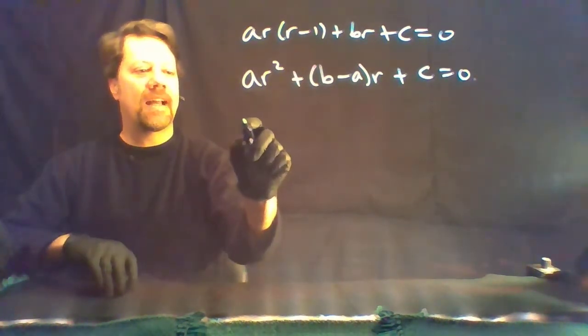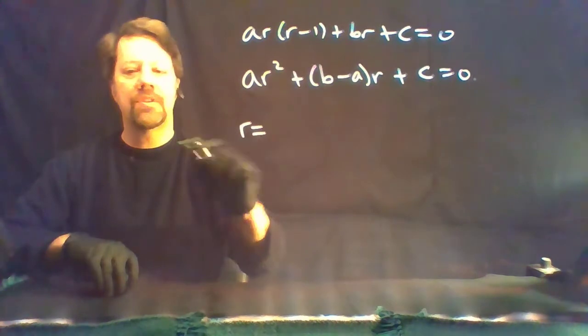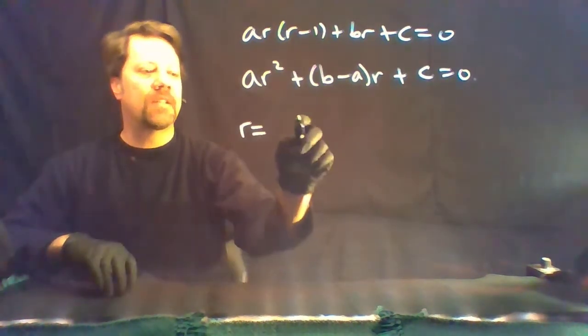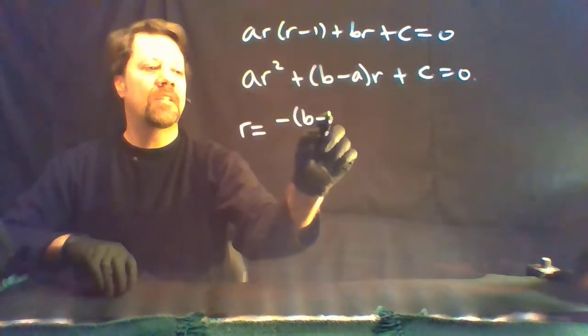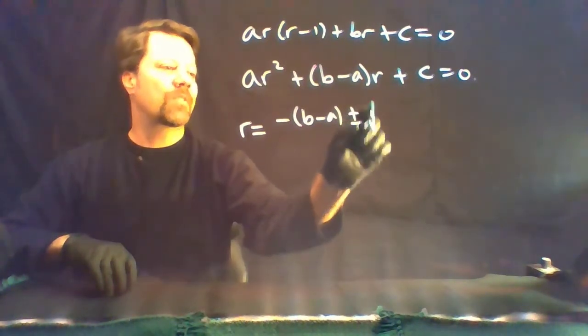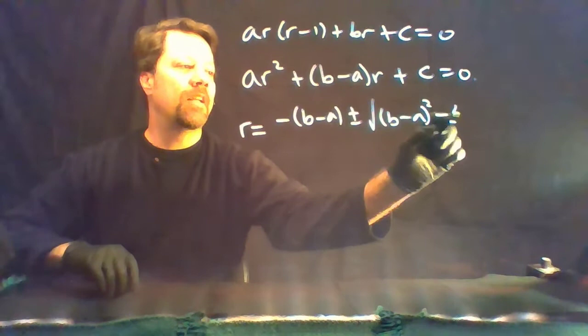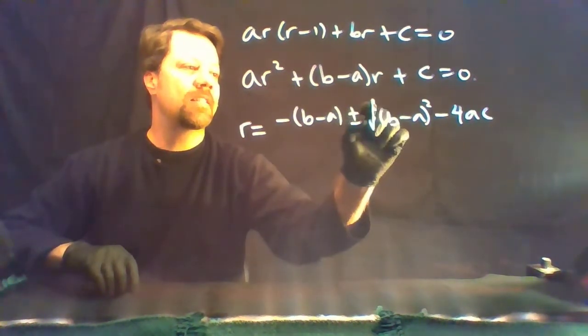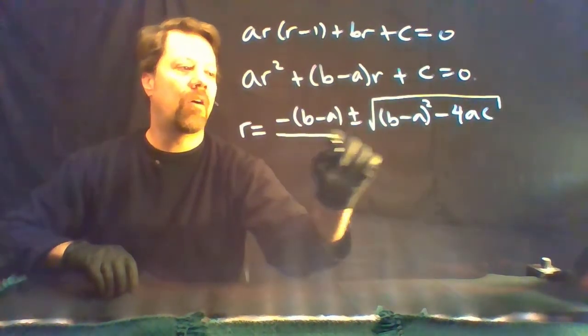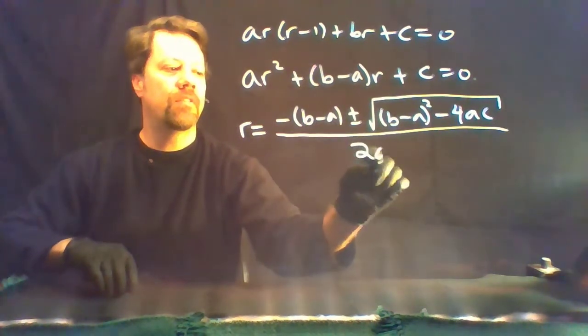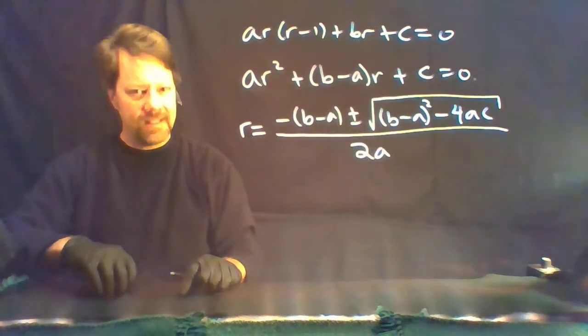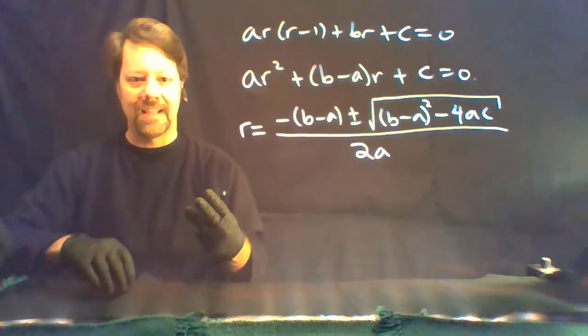You can see then that this has solutions using the quadratic formula of negative b minus a plus or minus the square root of b minus a quantity squared minus 4ac, all over 2a. This gives us three cases.